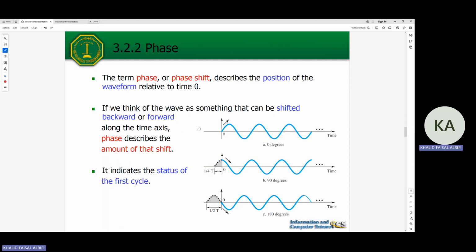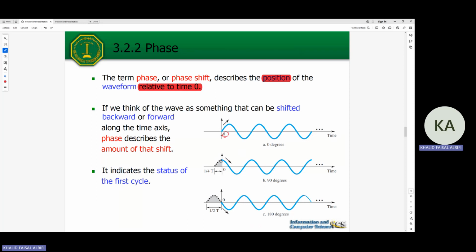So the phase, as I said, is relative to time 0. It just describes the position of the wave. If it starts from 0, it's a normal sine wave starting from here.